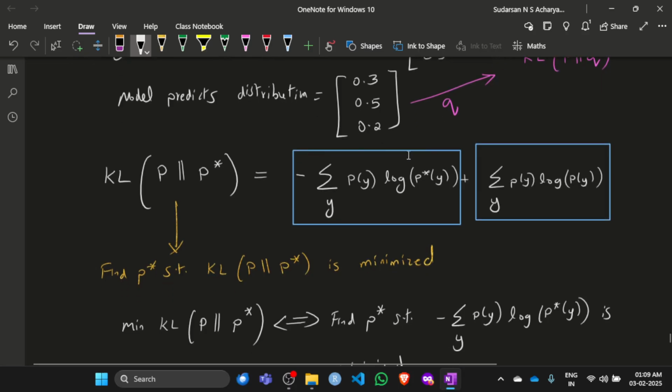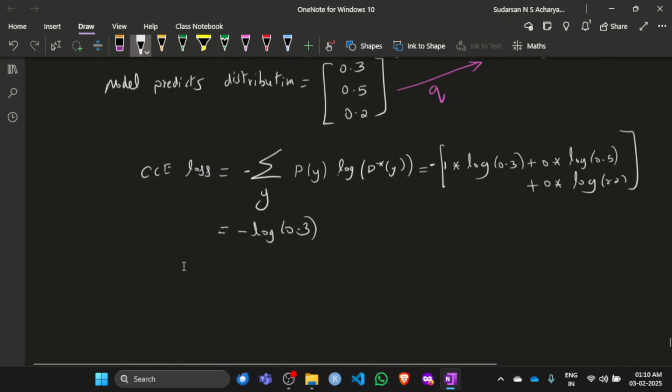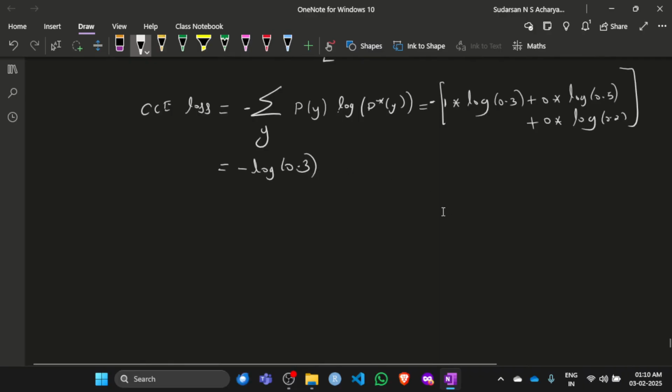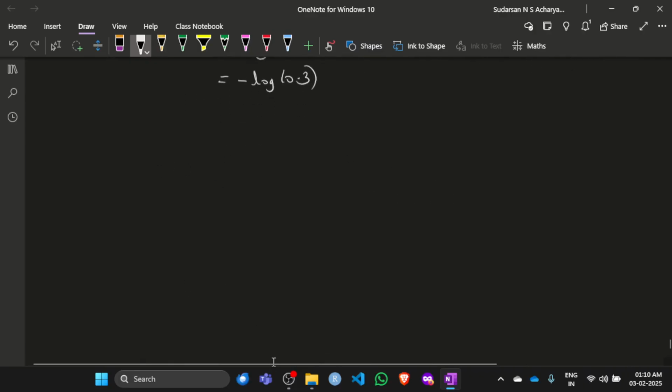And that basically has this term, the cross-entropy term. So minimizing the KL divergence between the true distribution and the model's distribution for the output label is the same as minimizing the cross-entropy between the true distribution and the model's distribution for the output label. And that is why it's called the categorical cross-entropy loss. Okay, that is it.